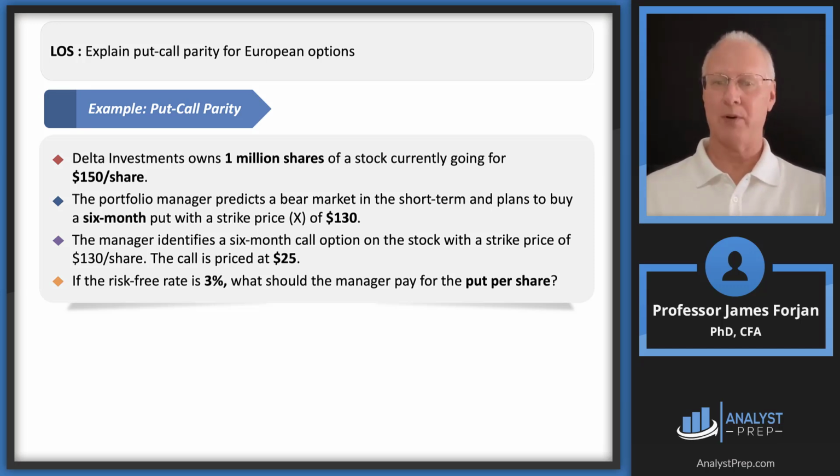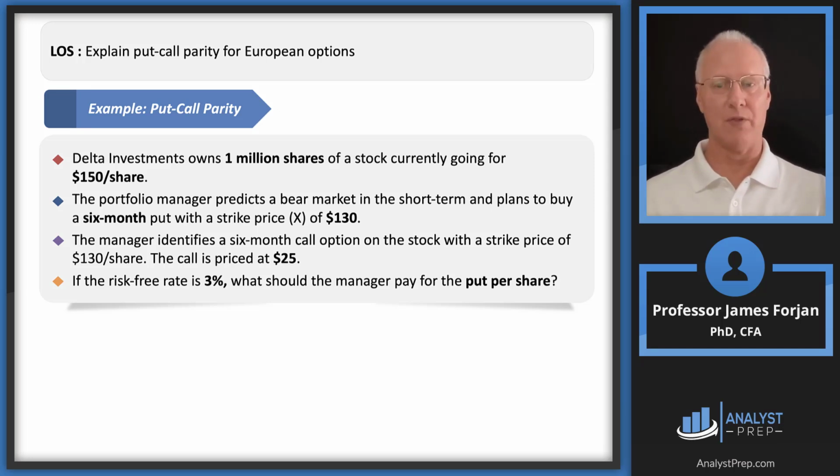And what happens with that protective put, and you should remember this from an earlier learning module, is that you're essentially putting a floor on the value of the portfolio, in this case at $130. So no matter what happens to the stock price, you're going to have at least $130 on the expiration date of the contract, of the put.